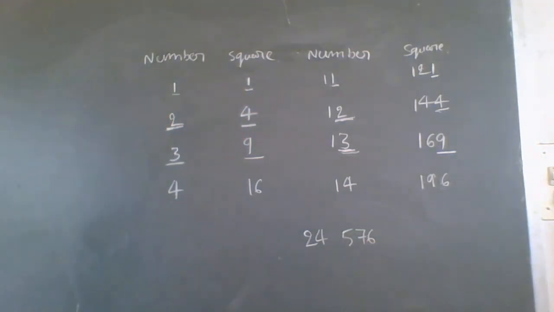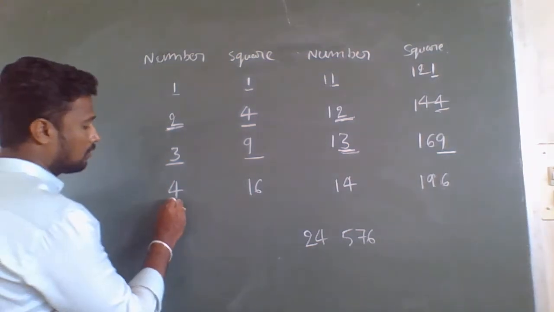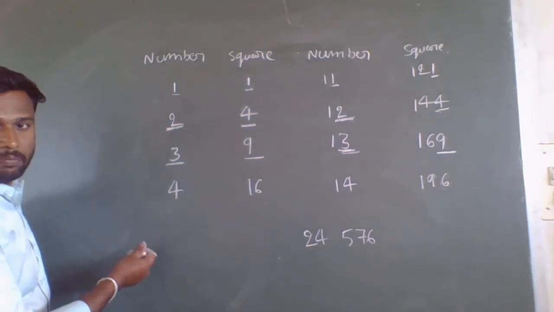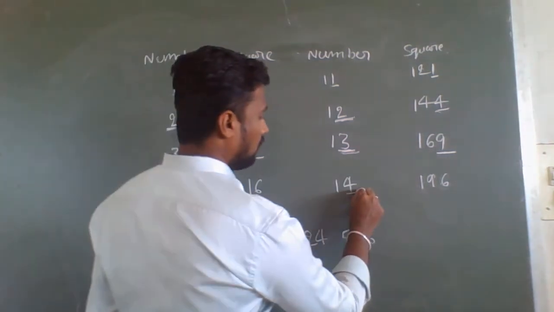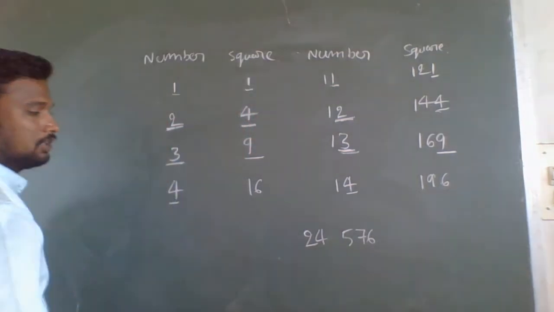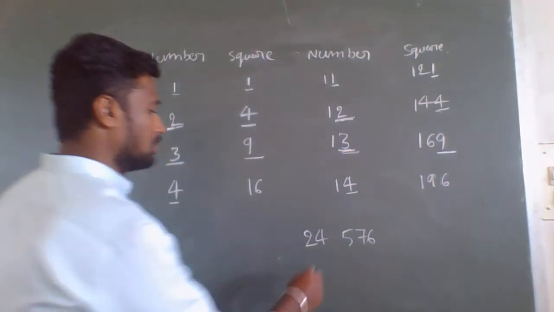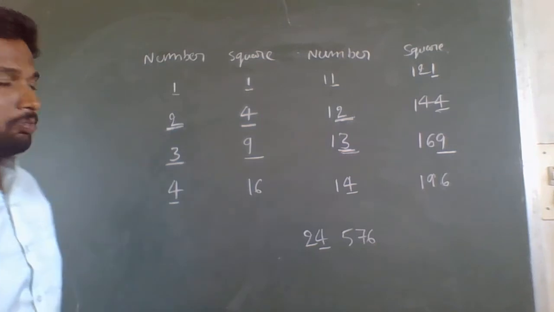So now you can observe very easily because already you have seen 3 examples of this. So here, what is there at the unit place? 4. Here it is 4, and here in 14, 4 is there at the unit place. In 24, 4 is there at the unit place.